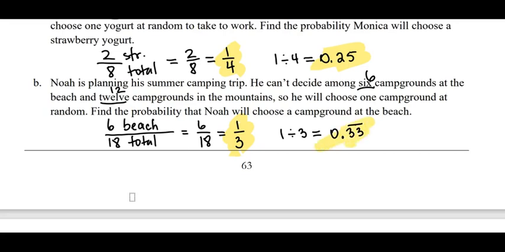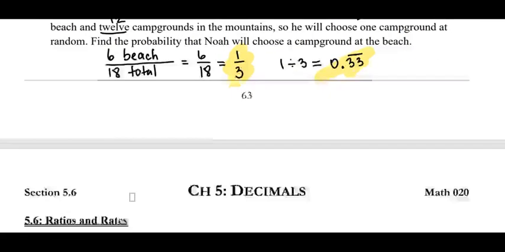So it's 1 out of 3 chances that the randomly picked campground will be on the beach, or a 33% chance. As we are getting ready to learn about percents in the next unit, this will be closely related to what we're doing in Unit 6.